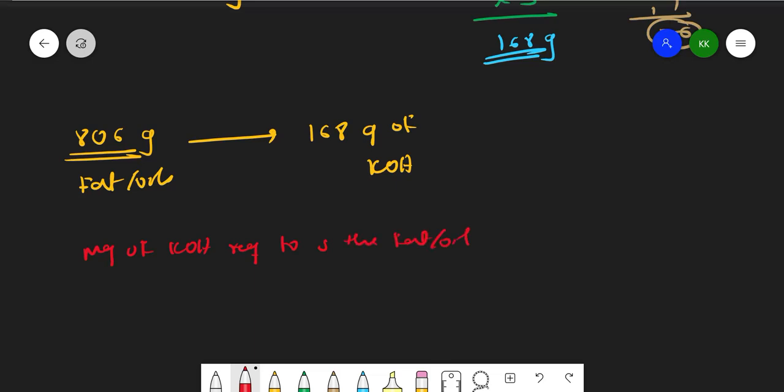So here we want this in milligrams. So I will convert this KOH to milligrams. 168 gram, and we know that 1 gram is 1000 milligram, so I'll multiply by 1000 and get 168,000 milligram.